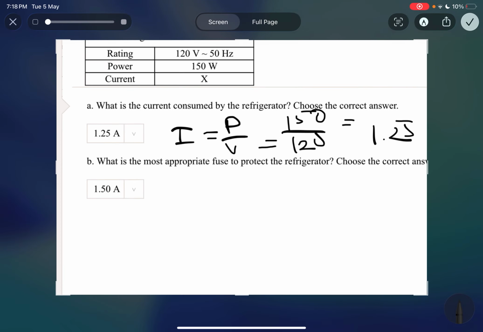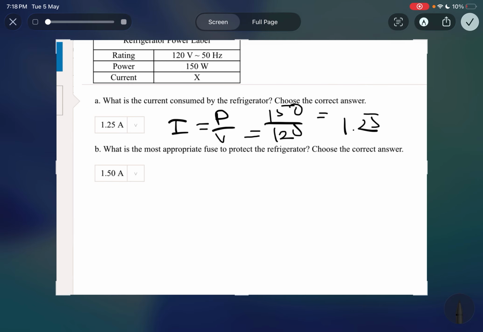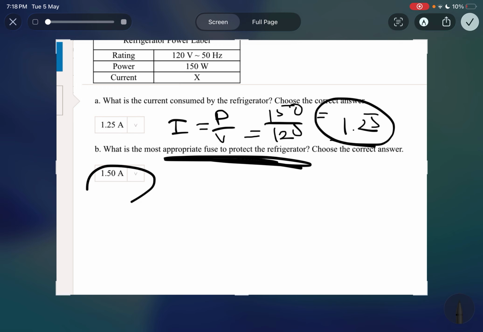And then what is the most appropriate fuse to protect this refrigerator? It has to be the option above the current that you found. So here we have only 1.5, so that's your answer.